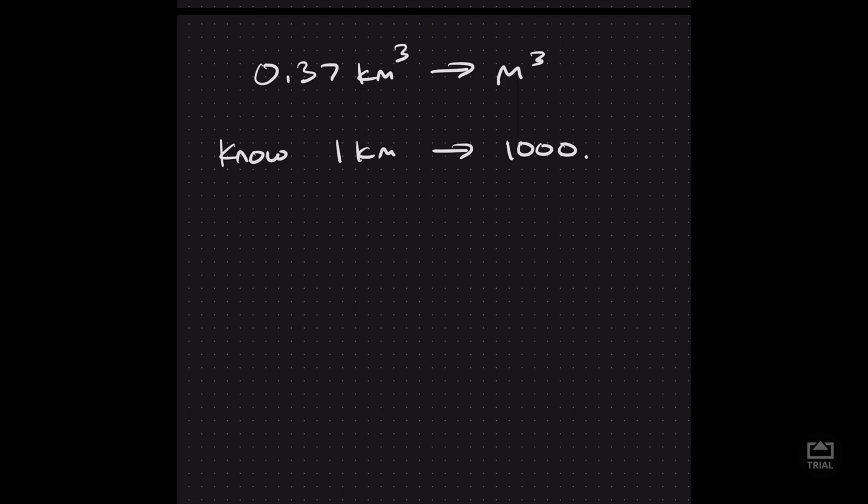Let's go with 0.37 kilometers cubed, and we'll go to meters cubed. Okay, well, again, what do I know? I know that 1 kilometer is equal to 1,000 meters. Because I'm dealing with a volume, I need to cube this, and I need to cube that one right there.